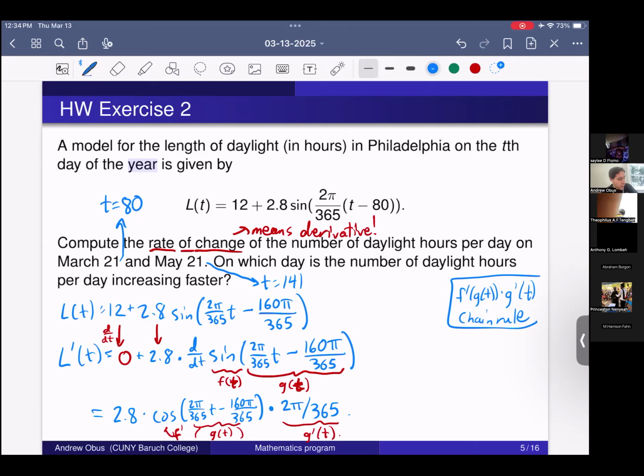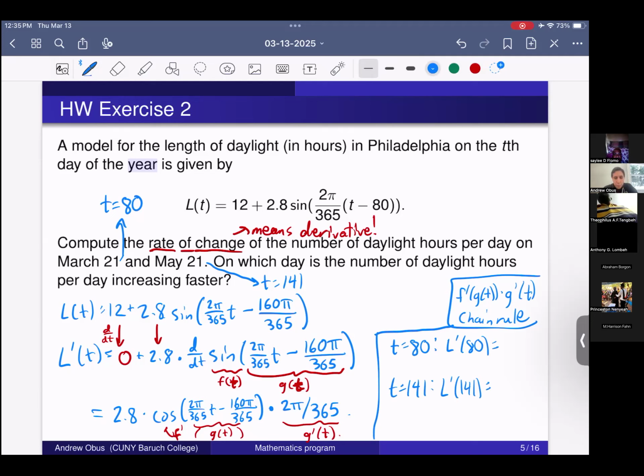Okay, so let's punch in values now. I'm going to punch in t equals 80. That gives us that L prime of 80 equals, and then we have t equals 141. L prime of 141 equals, now of course for this I need a calculator, so I'm just gonna go do that now.